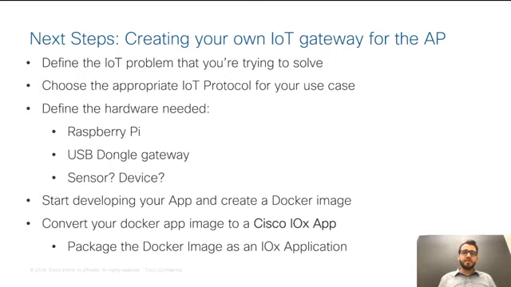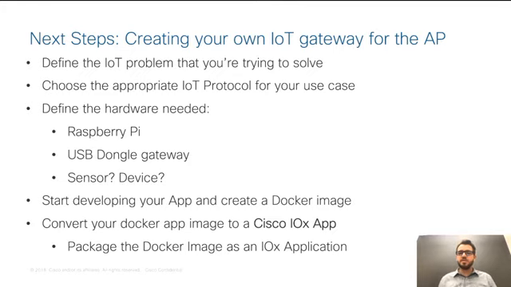But this is at the very end of your prototype, so you don't have to think that much about it now. Have your prototype done with Docker, have it running, and then you can think about how to convert this Docker image to a Cisco IOx app.